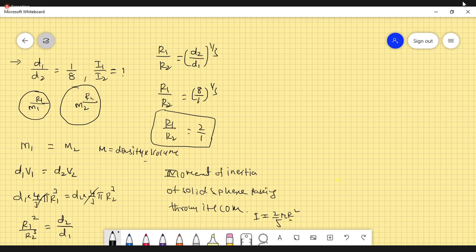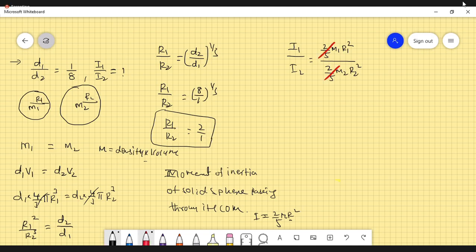So finally, I1 by I2 equals 2 by 5 m1 r1 square divided by 2 by 5 m2 r2 square. Since m1 equals m2, 2 by 5 cancels.